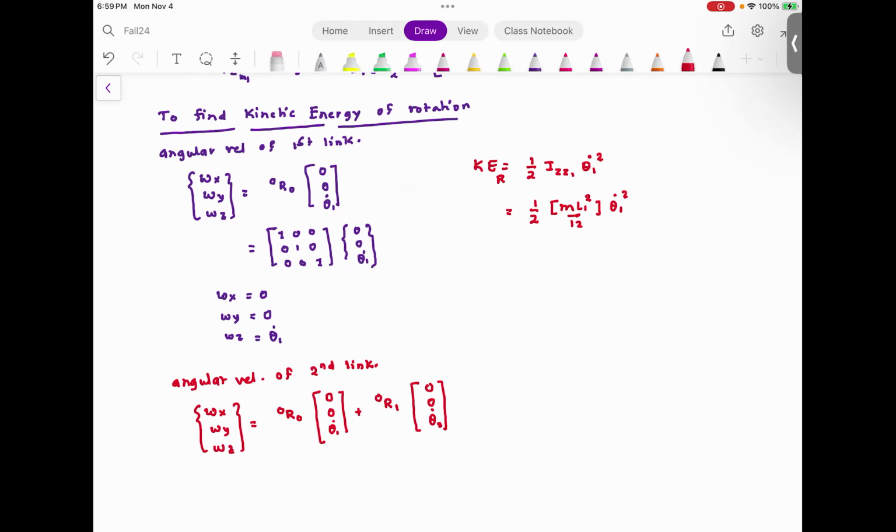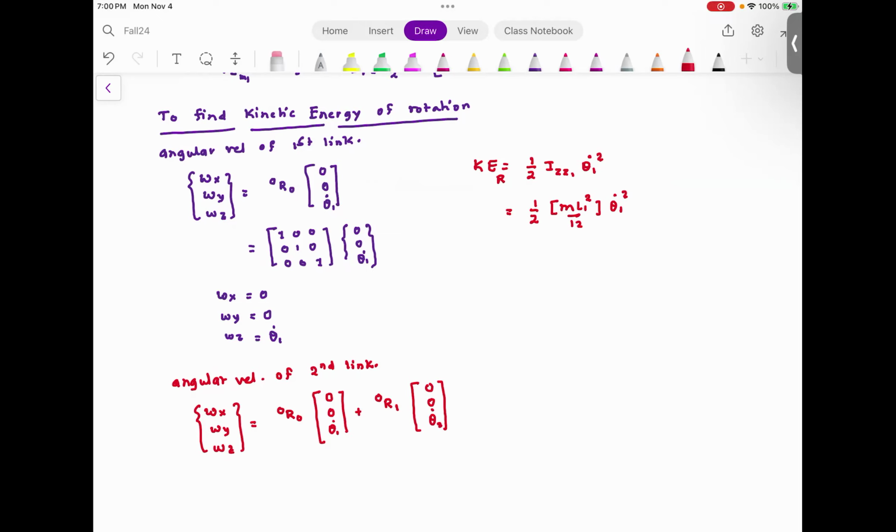But for the first link, the body coordinate system and inertial coordinate system are one and the same, so you get an identity matrix. That is the indication of 0 R0. This stuff is a little tricky, so please pay attention. Now this is for the second link. The angular velocity of the second link is nothing but 0, 0, theta 2 dot.